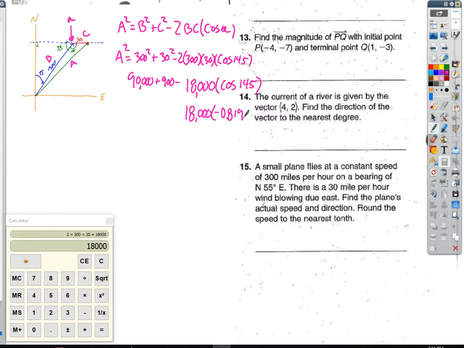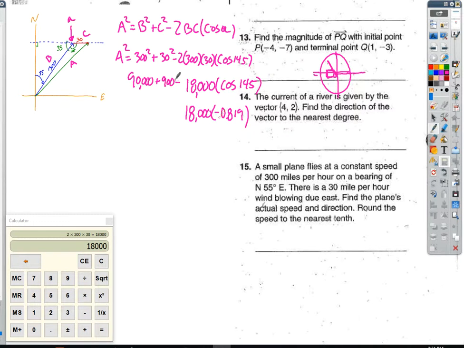And folks, this does make sense. The reason why a negative makes sense is if you have your unit circle, 145 degrees is going to be over here in the second quadrant, meaning the x value is going to be a negative. And that's why it makes sense that you have a negative here.